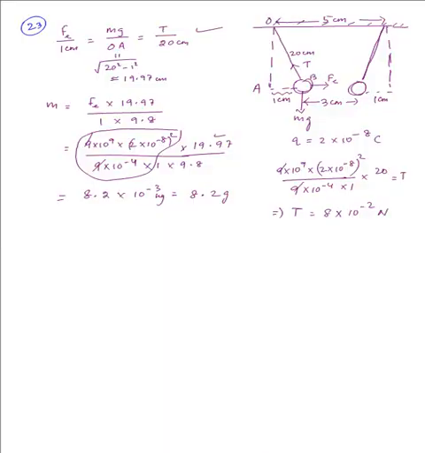So in this case we have over here a particle carrying a charge of 2 times 10 raised to the power minus 4 coulomb, the 26th, I guess, yes, it was 26.